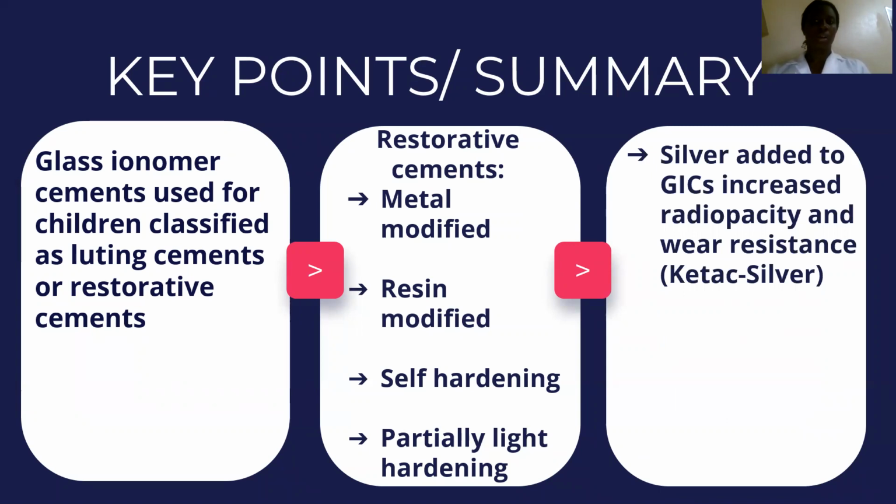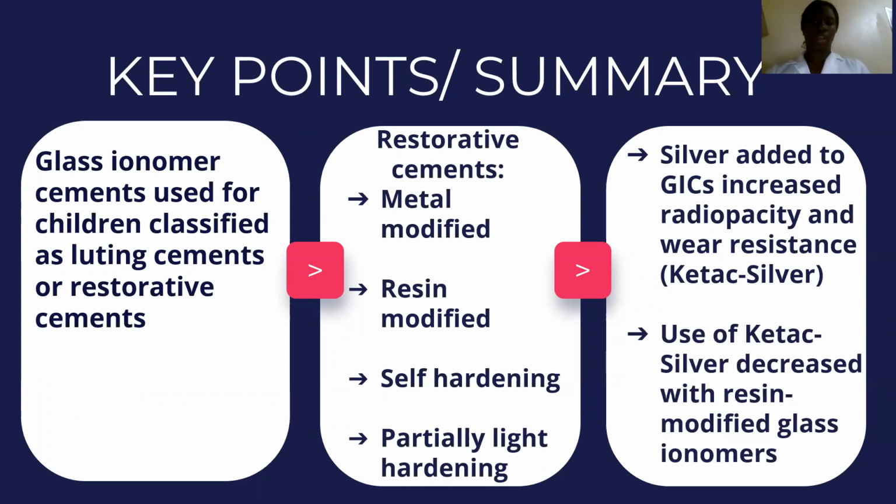Now, silver was also added to glass ionomer cement, and this increased the radiopacity and wear resistance of the material. And Ketac Silver is a brand of this product that was produced. Use of Ketac Silver, however, decreased with the introduction of resin-modified glass ionomers.